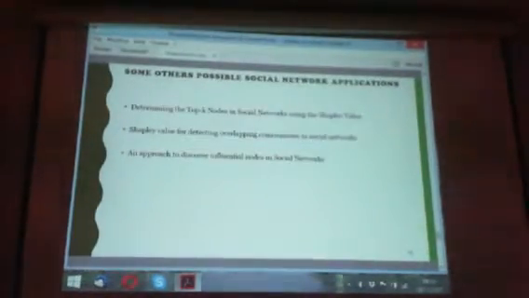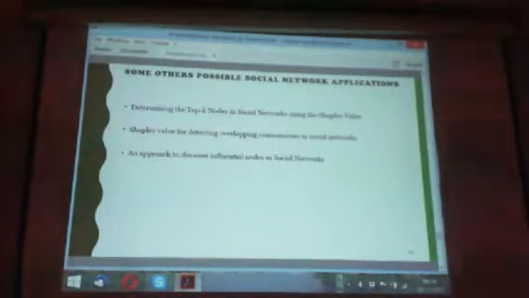So for now we are trying to apply the same concept used in cooperative games: if you have a social network, how to determine the k most important nodes using the Shapley value, or how to find the overlapping communities in a social network.